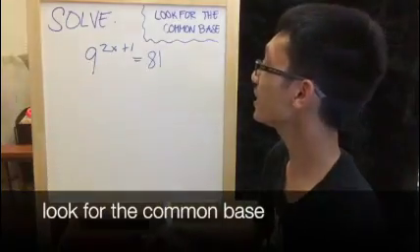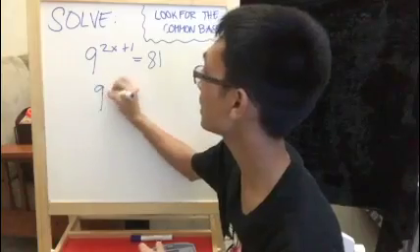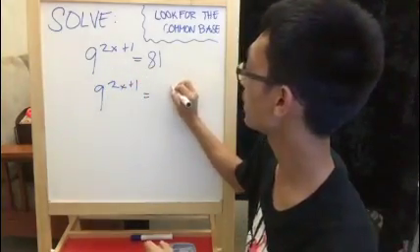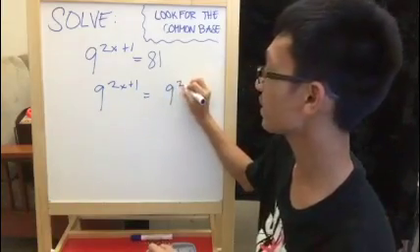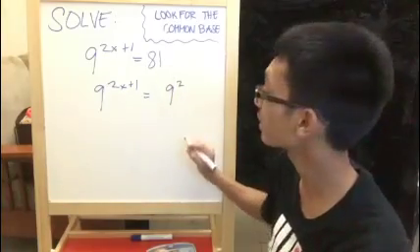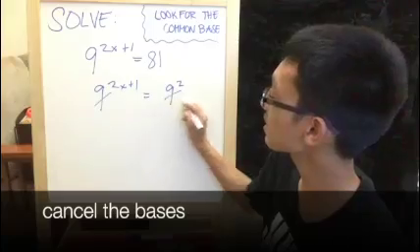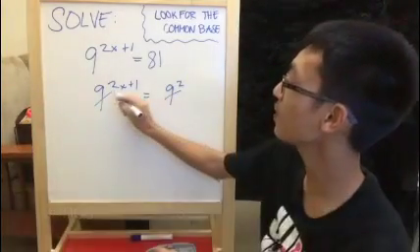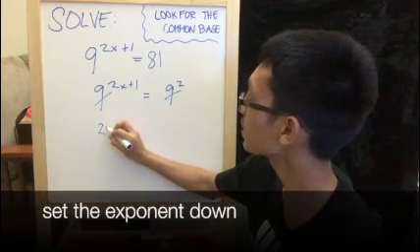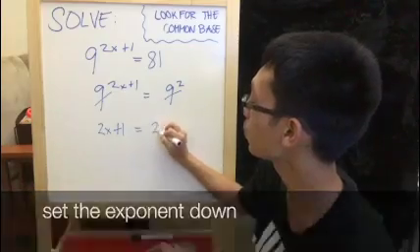Here's another example where 9 raised to 2x plus 1 is equal to 81. We need to look for the common base, which is 9. So 81 is equal to 9 squared, because 9 times 9 is equal to 81. Therefore, there's a similar base, and we need to cancel them out. Then set the exponents, which gives 2x plus 1 is equal to 2.